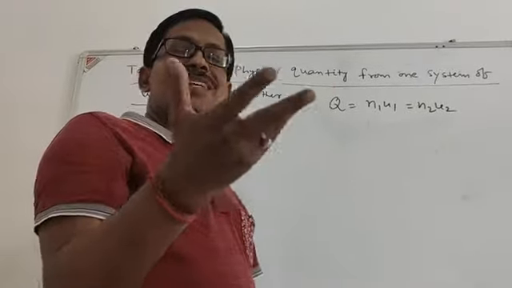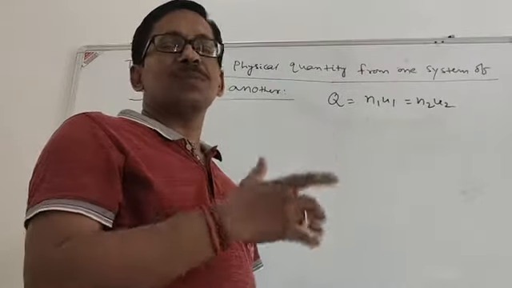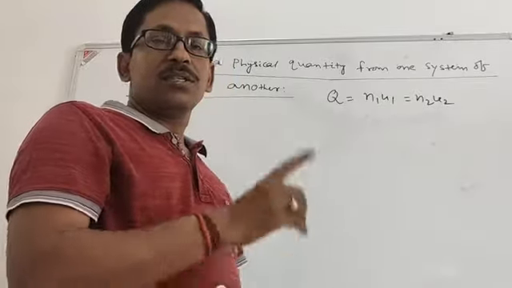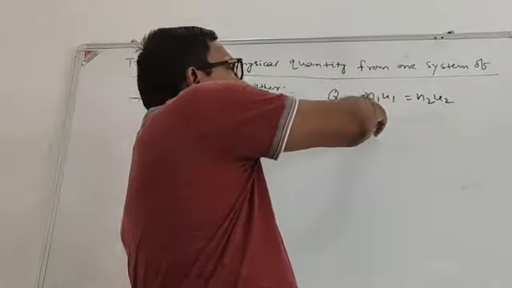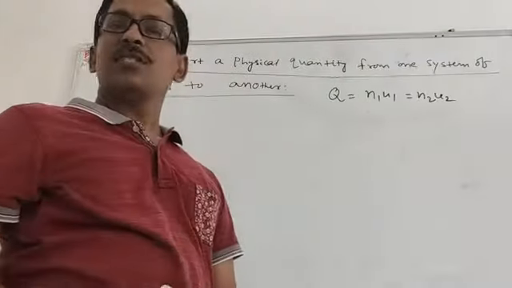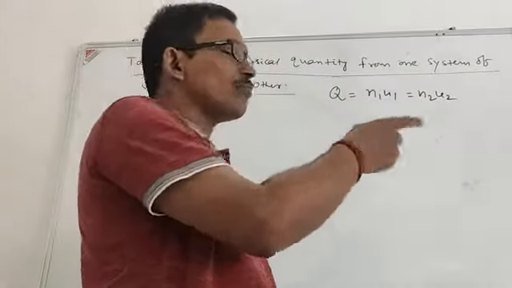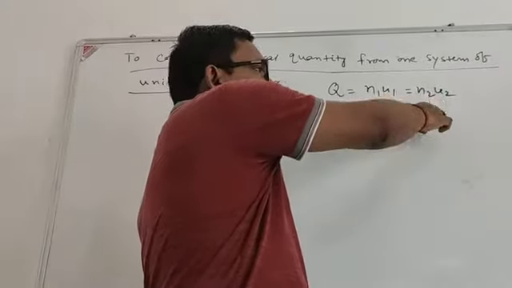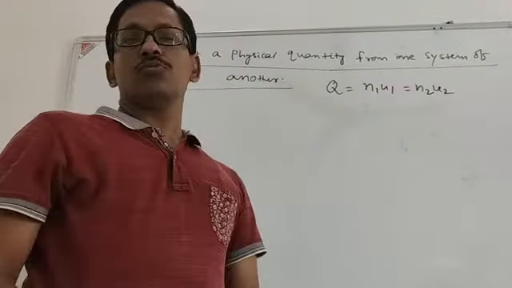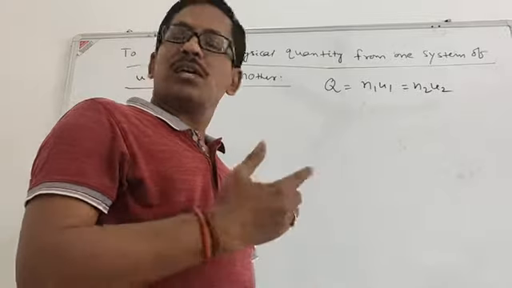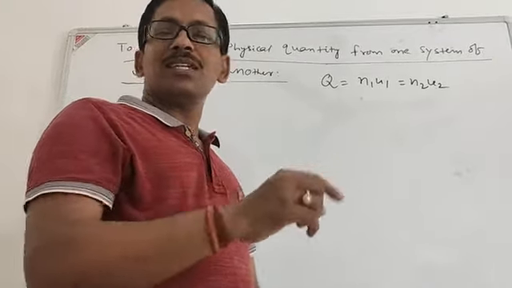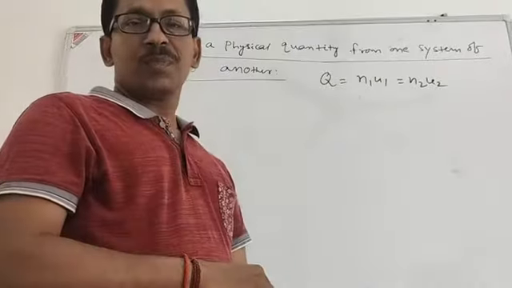Suppose a mass is expressed as 5 kg. 5 is the numerical value, kg is the unit. In one system, the numerical value is N1 and the unit is U1, so we write N1 U1. In another system, the numerical value is N2 and the unit is U2, so the quantity will be N2 U2. In the example, 5 kg is 5000 gram.